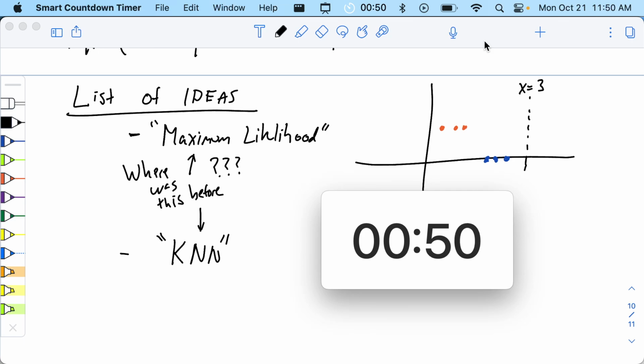Oh, that's not what I want. That's not what I want either.